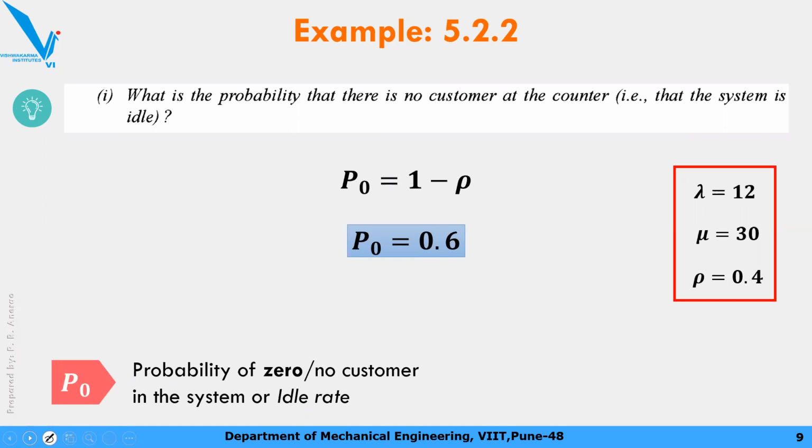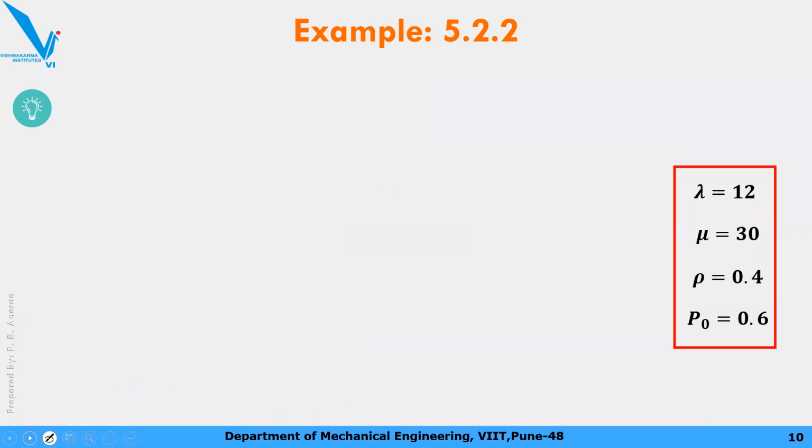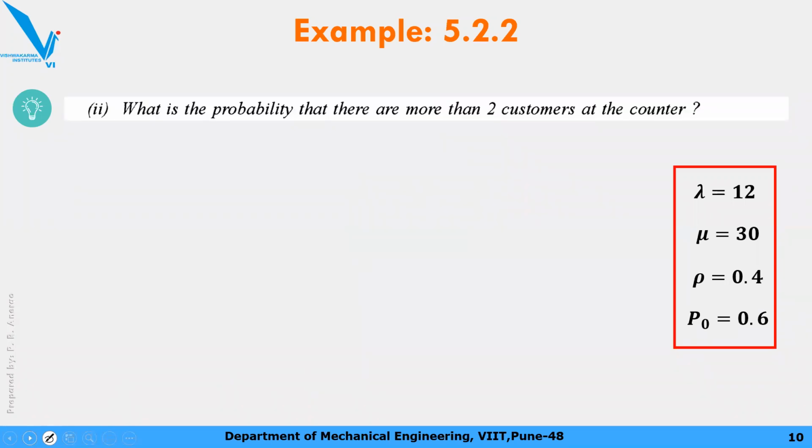Next, what is the probability that there are more than two customers at the counter? We need to find the probability that there are more than two customers.